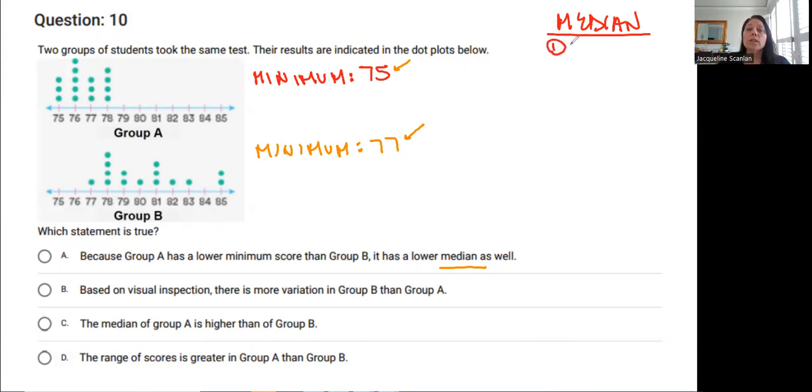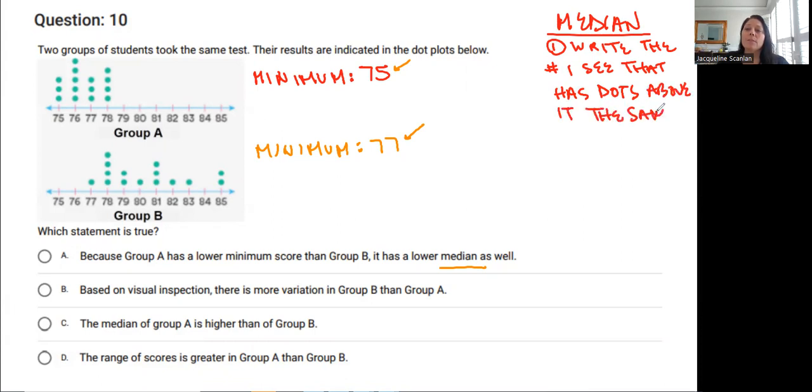I am going to look at the graph and I'm going to write the number I see that has dots above it the same number of times it has dots. Let me explain what that means.